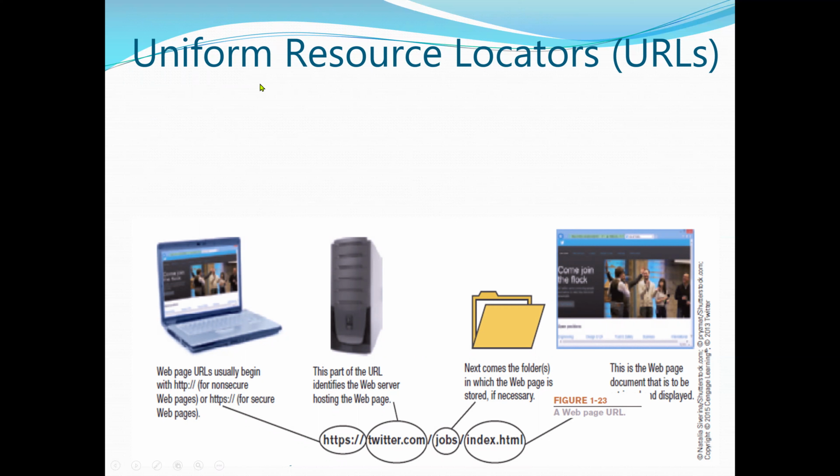So we have what we call the uniform resource locator, which is the address of the web page. For example, here we have a laptop and a web page uniform resource locator, which we call the URL. Usually it will begin with http://.